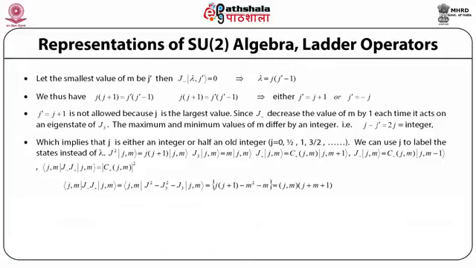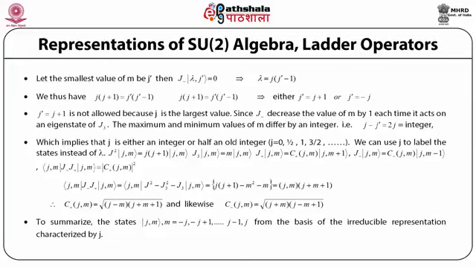J minus J plus can be written as J square minus J3 square minus J3, and therefore what you get is that this is equal to j minus m into j plus m plus 1. Therefore, c plus jm, which is called the Clebsch-Gordan coefficient, can be written as the square root of j minus m into j plus m plus 1, and likewise c minus jm is the square root of j plus m into j minus m plus 1.